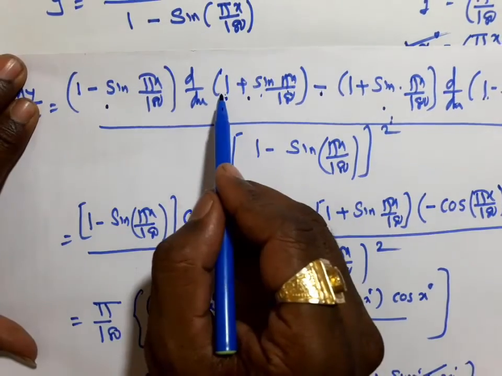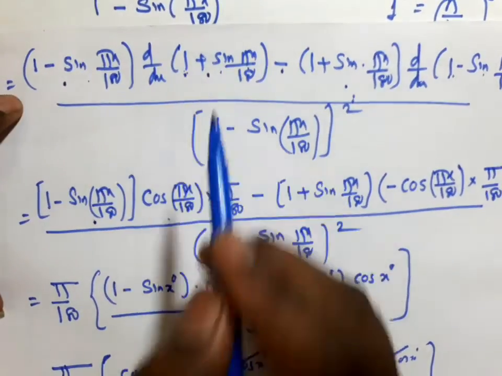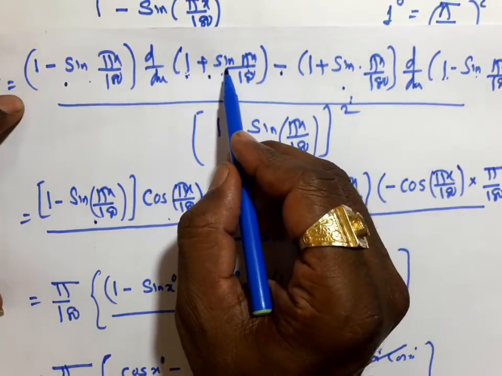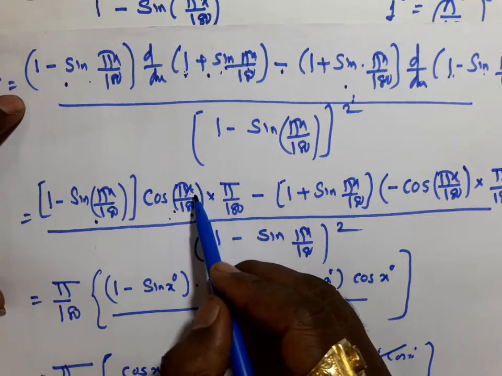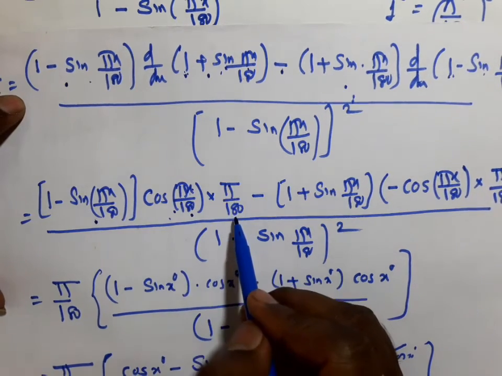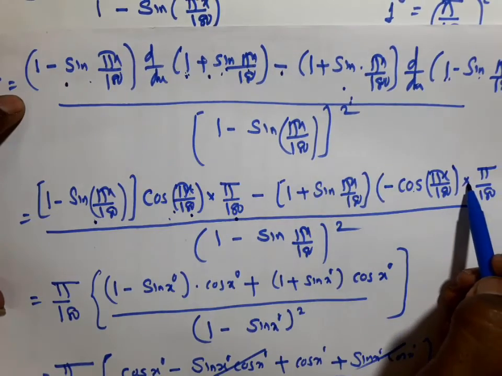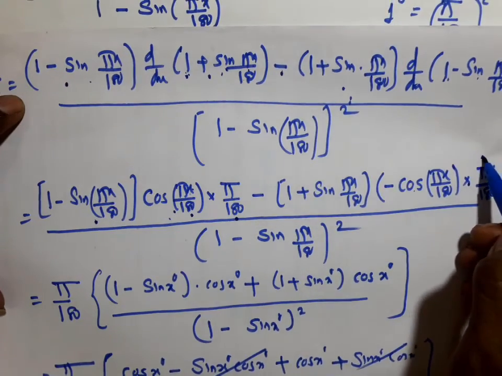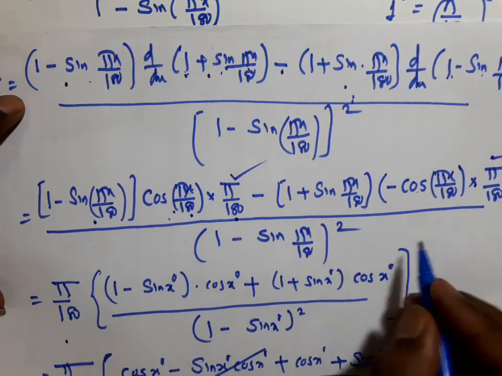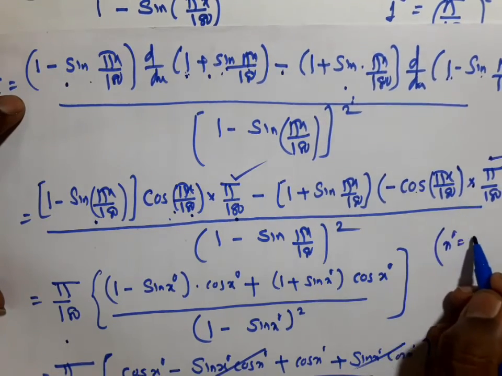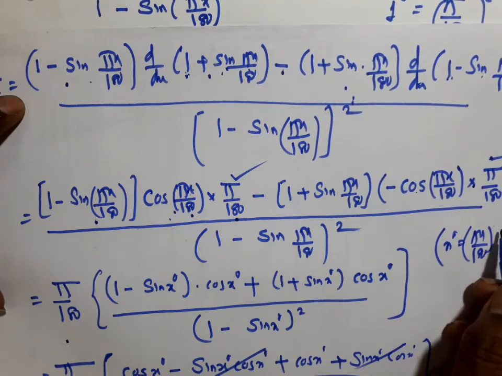Okay, now this remains as it is. Derivative of 1 is 0, derivative of sine is cos pi x upon 180, and the derivative of this whole term is pi upon 180. Same thing here also. From the whole bracket, pi upon 180 is taken out. And again, write x degrees for pi x upon 180 radian.